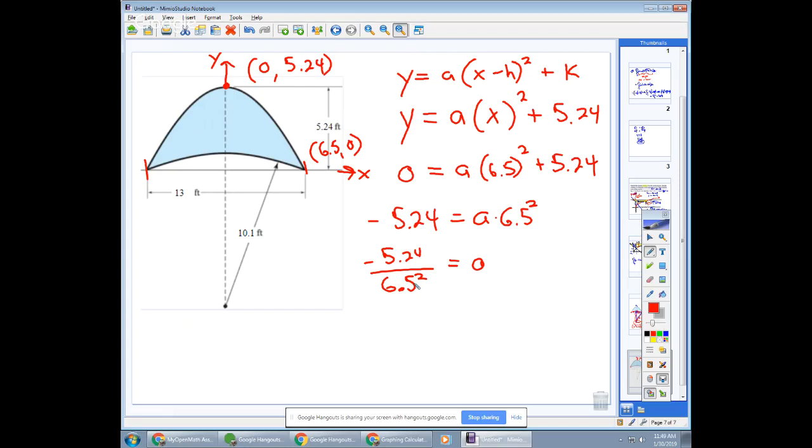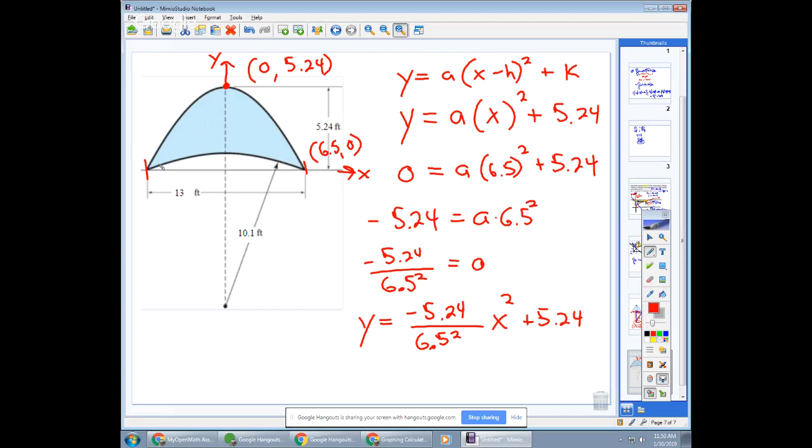Their picture is not drawn to scale, so if we throw this into a graphing calculator, it might look a little squashed or stretched. But now we know what a is. So the parabola is y equals whatever that number is, times x squared plus 5.24. Now we have it all set up.